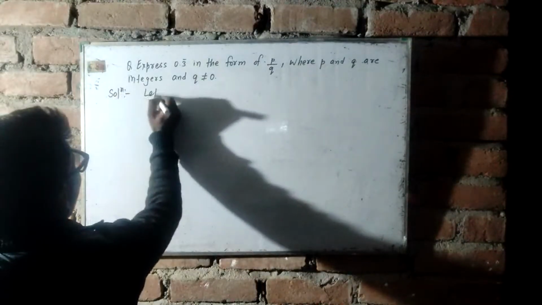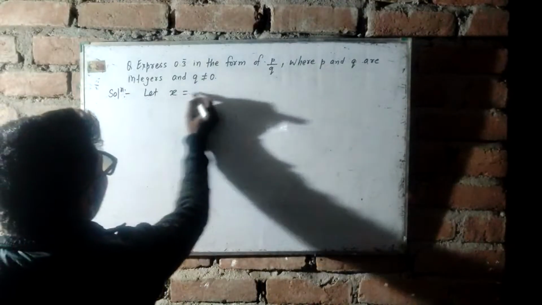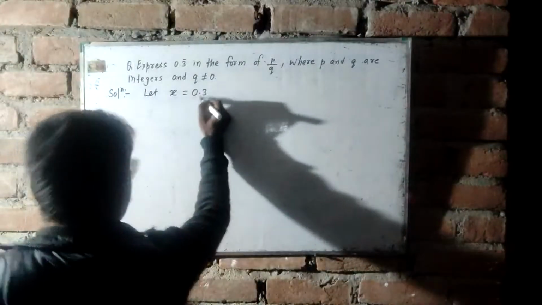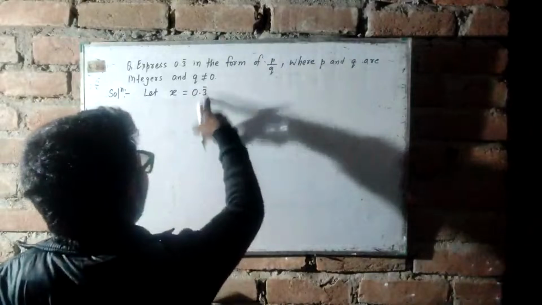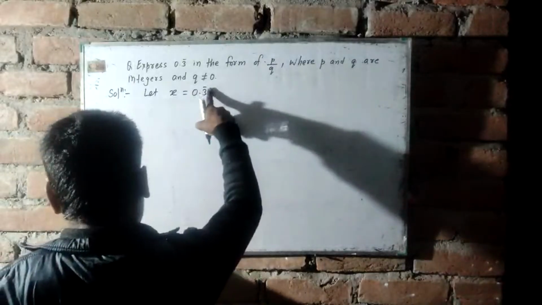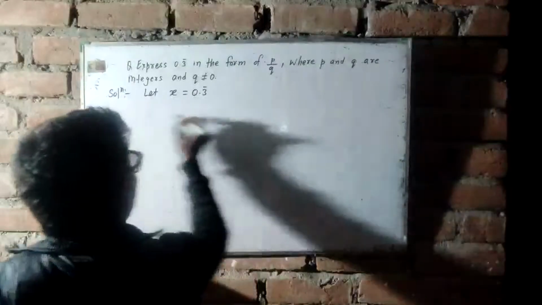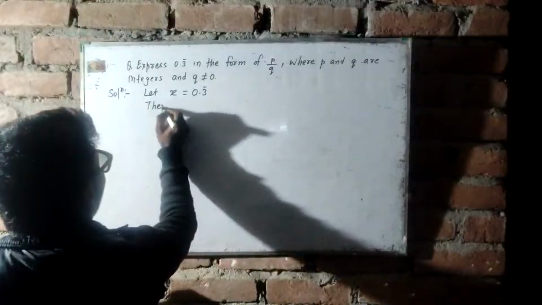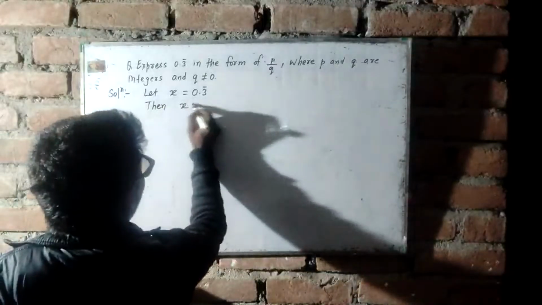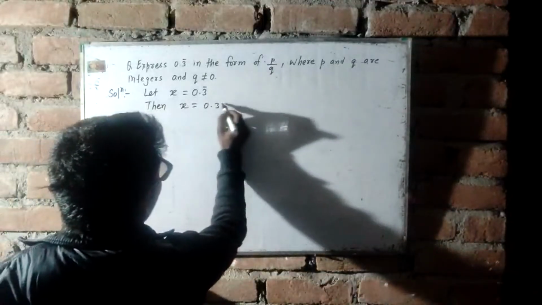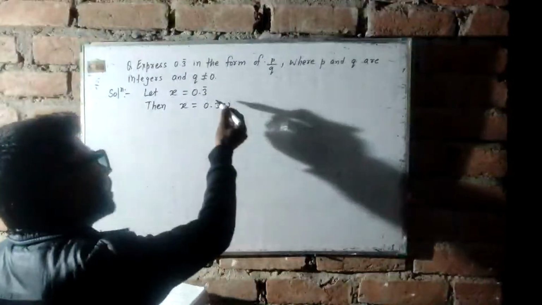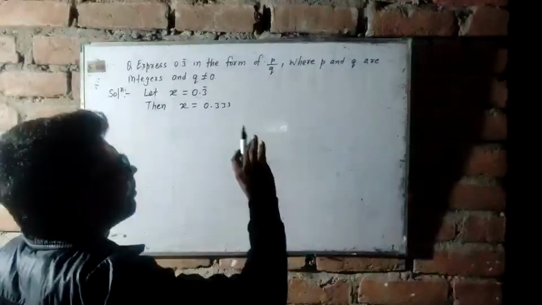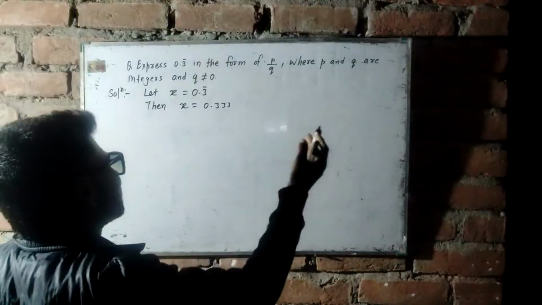Let x is equal to 0.3 repeating, the repeating block being 3. Then we can write x is equal to 0.333, repeat this 3 times or 4 times as you want.